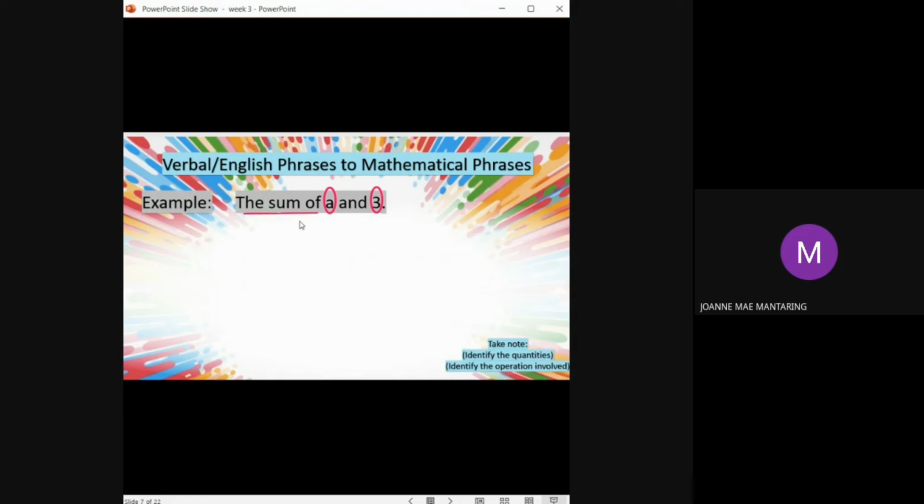That is the keyword, and it is associated with, very good, addition. So if you're going to write it into algebraic expression, the sum of a and 3 will be a plus 3. And that is the answer.